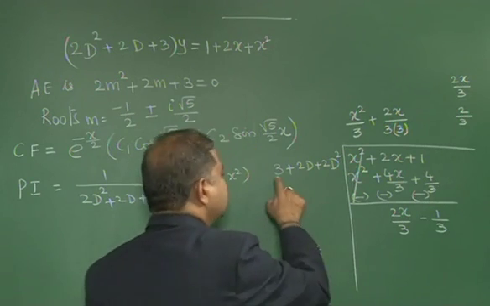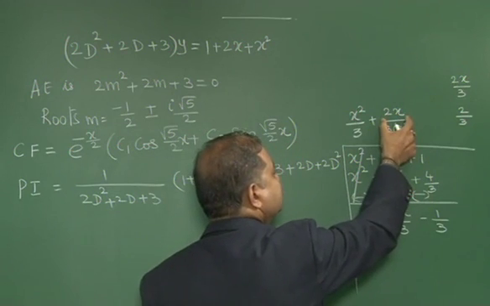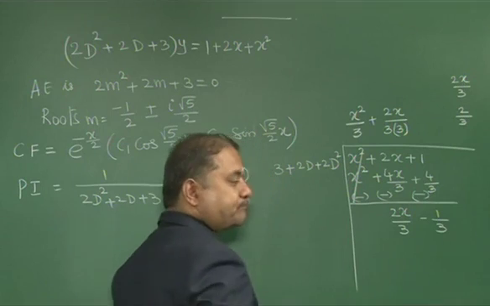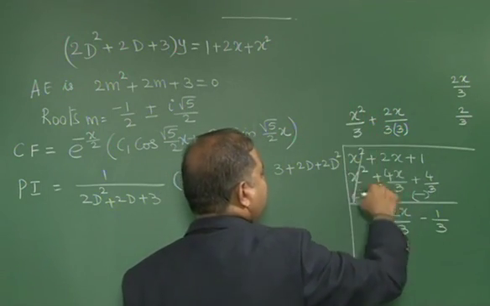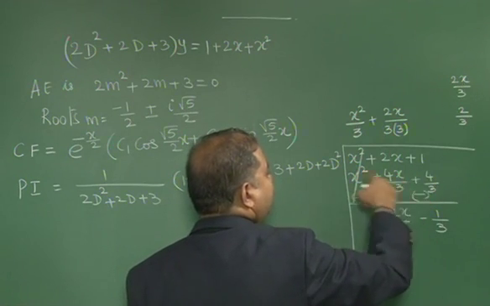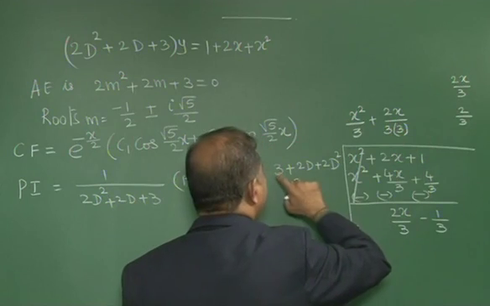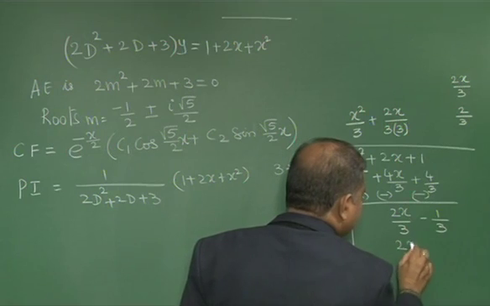It is again this coefficient. I have written this as it is, 2x by 3, multiplied by this coefficient 3. Now the job of the first term is over in the first division. Now let us go for only this term: 3 into this, the 3 gets cancelled, and I get 2x by 3.